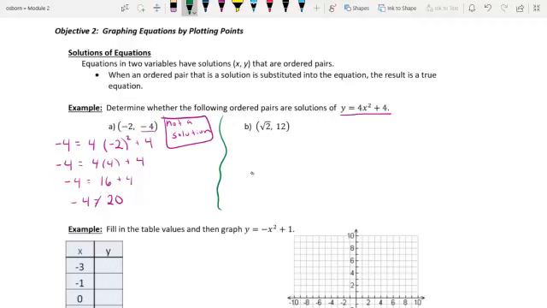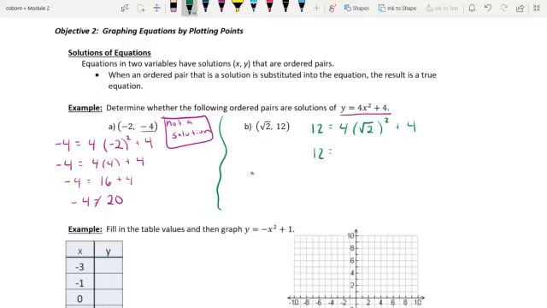Now, the next point that we want to see if it's a solution is square root of 2 comma 12. All right, so that means that 12 is the y value, so 12 is equal to 4. Then I put in parentheses my x value, square root of 2 squared plus 4.